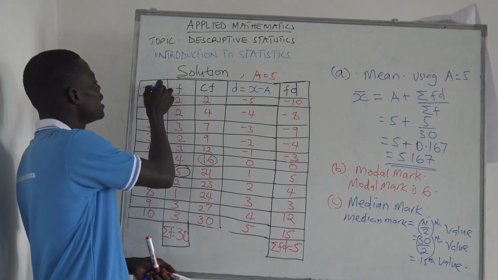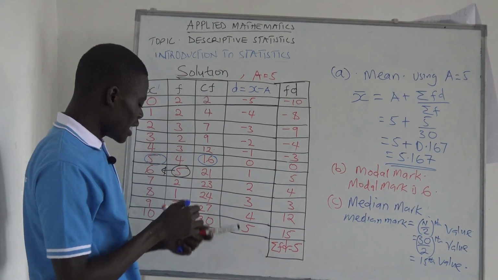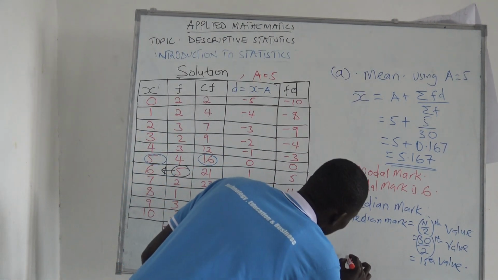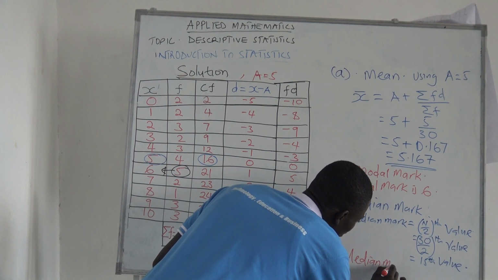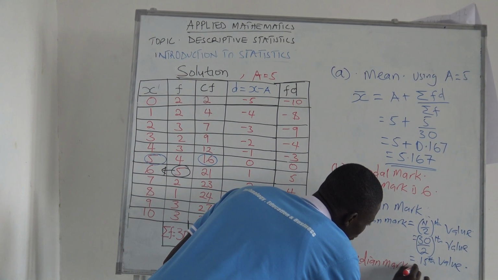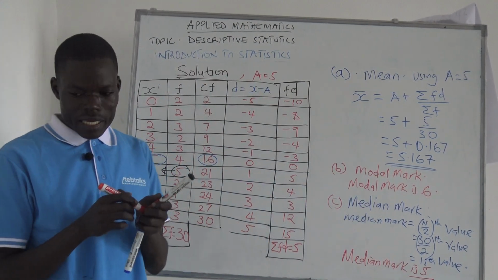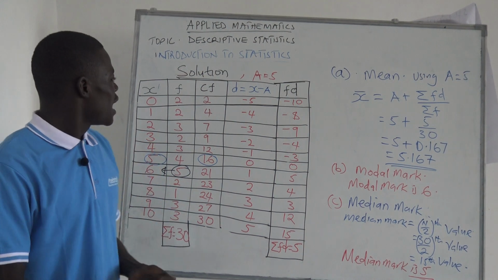So you come and read the variable of x, which is our median mark as 5. So our median mark is 5.